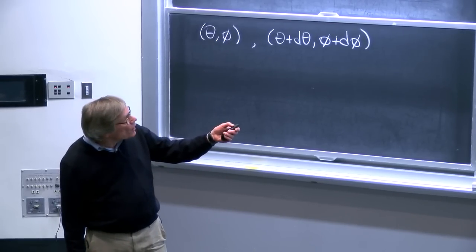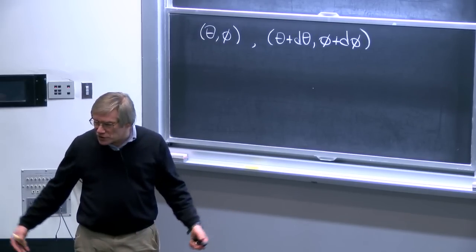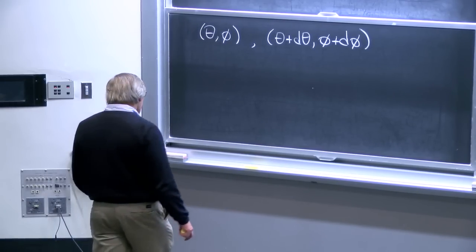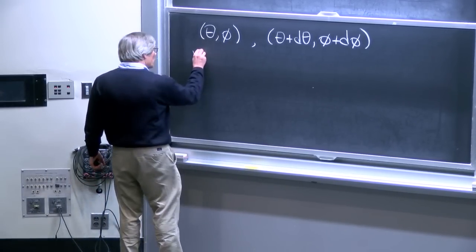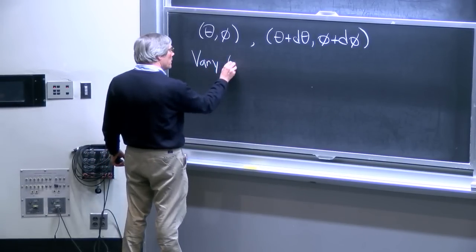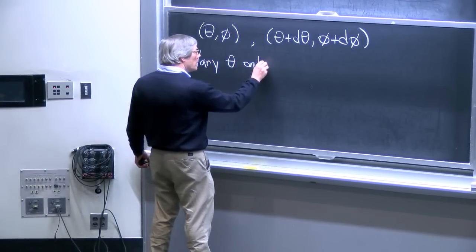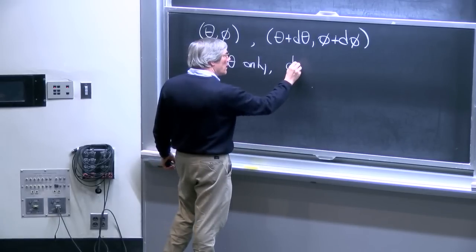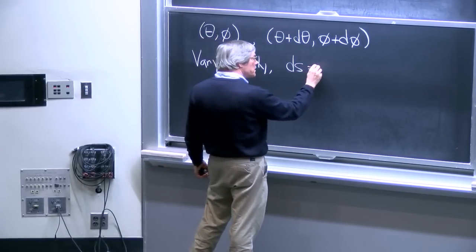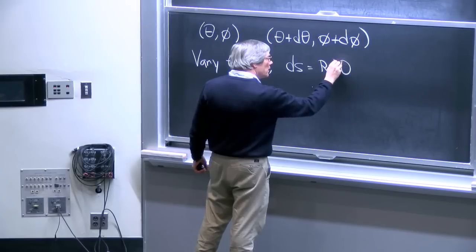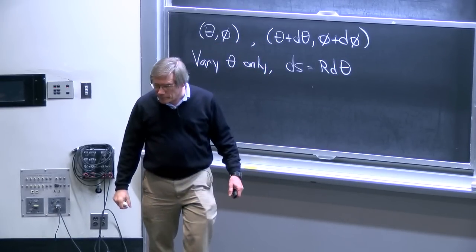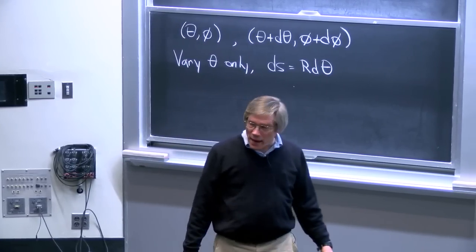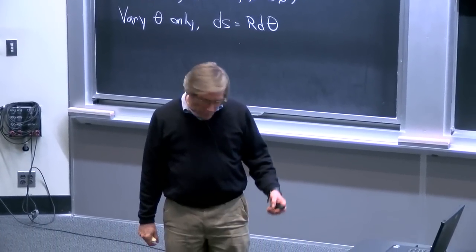The arc length is r times d theta, and that's really the definition of d theta in radians. So if we vary theta only, the distance ds is just equal to r times d theta. Everybody happy with that? OK.